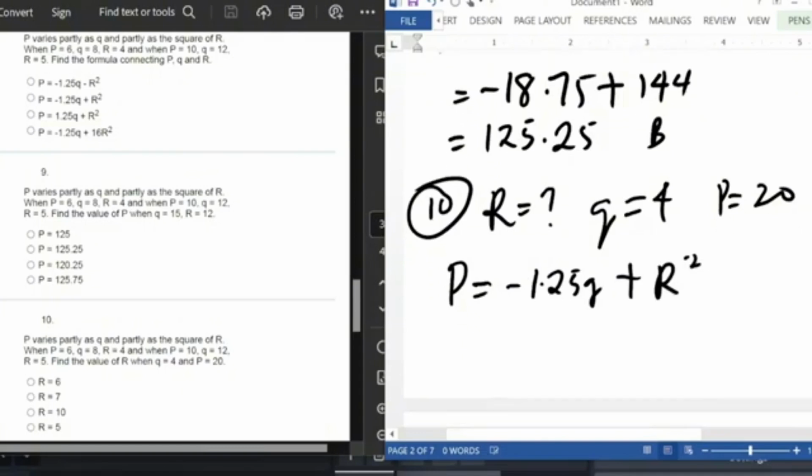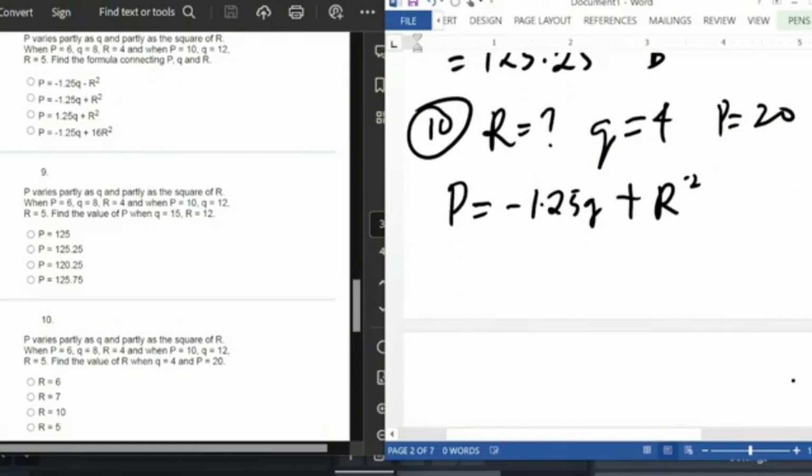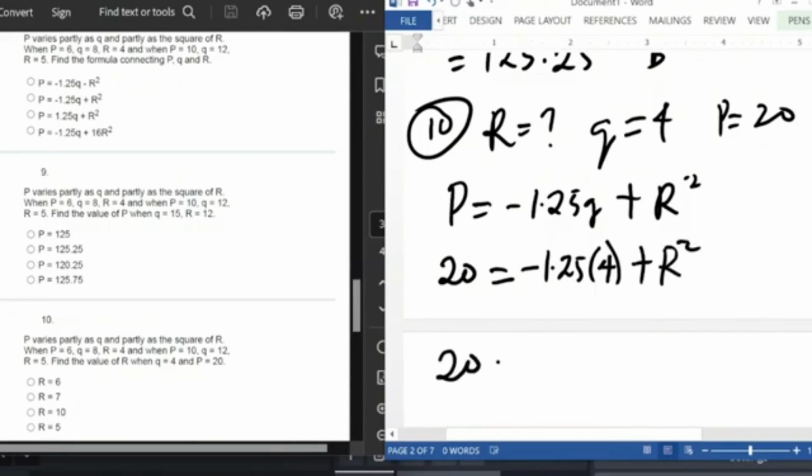So P is 20, which equals minus 1.25 times 4, plus R squared. 1.25 times 4 is going to be minus 5, plus R squared.